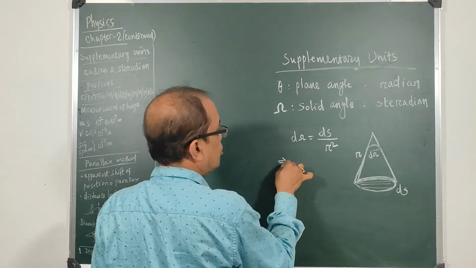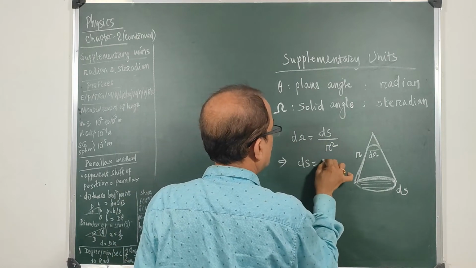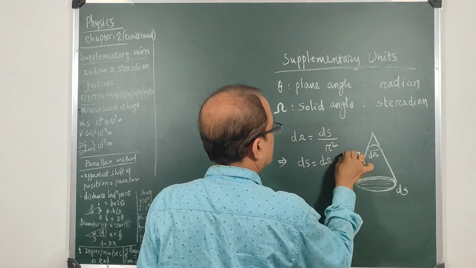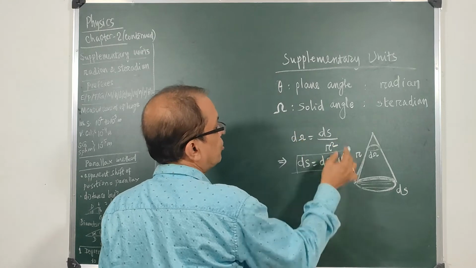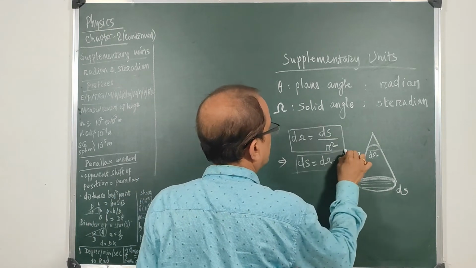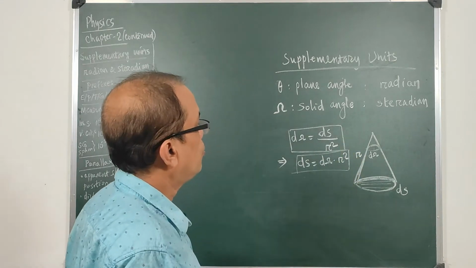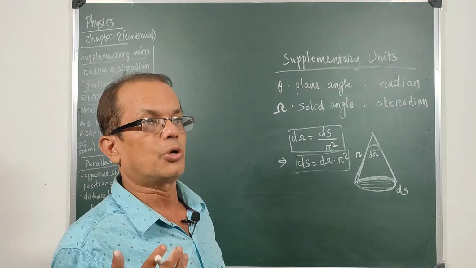From this we can calculate ds is equal to d omega into r square, or d omega is equal to ds by r square. This is of prominent importance while we deal with flux, with Gauss law.